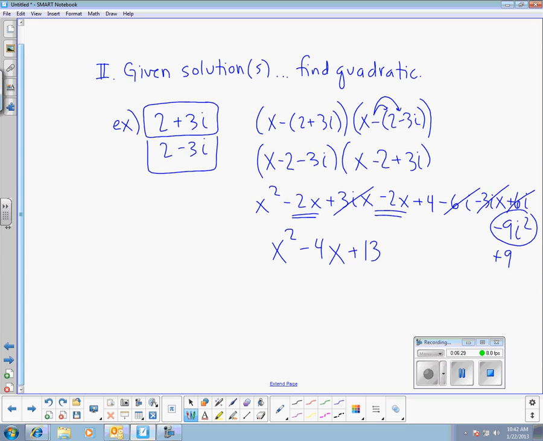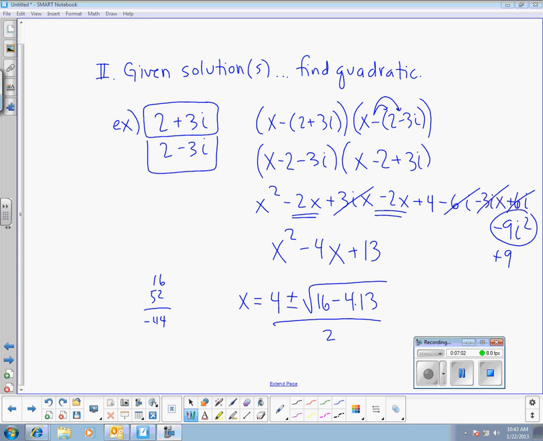Just for kicks, just to check and make sure this worked, if this were your original, the quadratic formula would produce negative b plus or minus the square root of b squared minus 4 times 1 times 13 all over 2. 4 times 13 is 52. 16 minus 52 is negative 44.